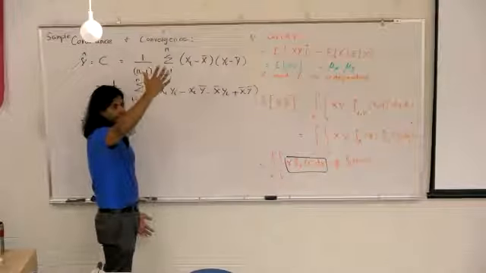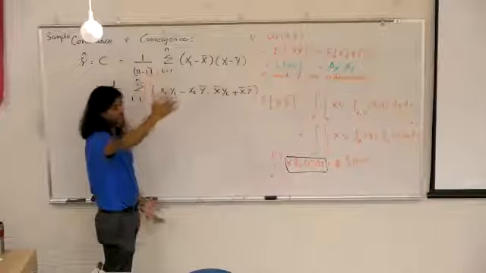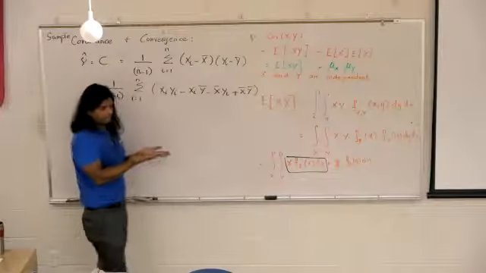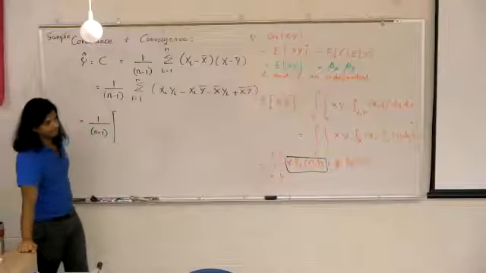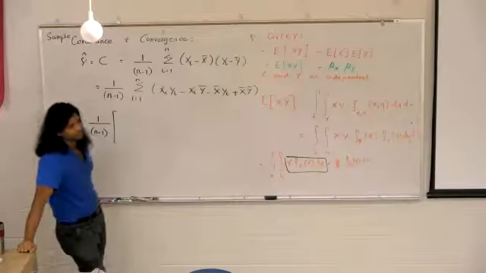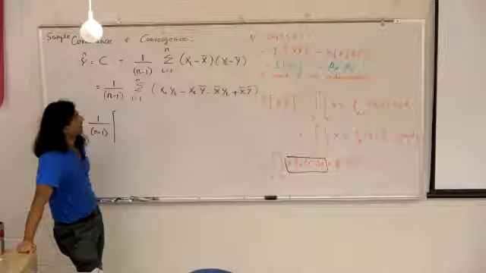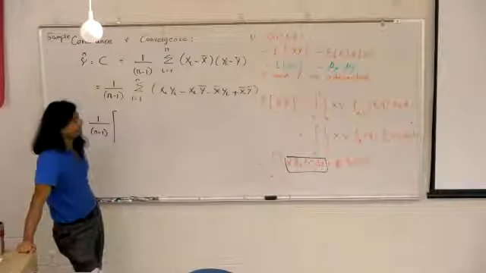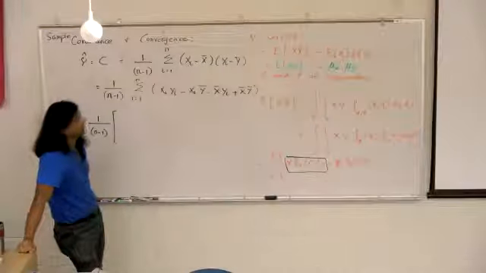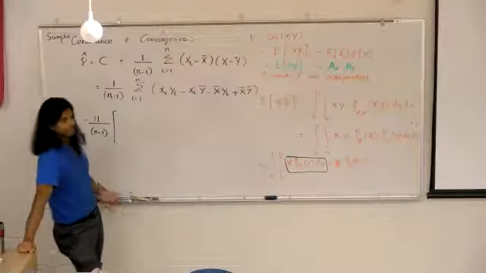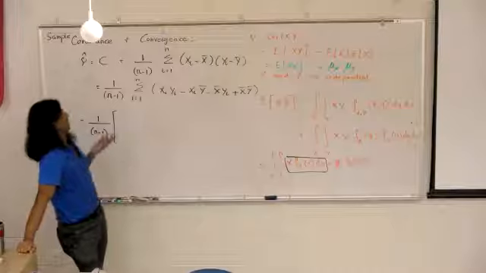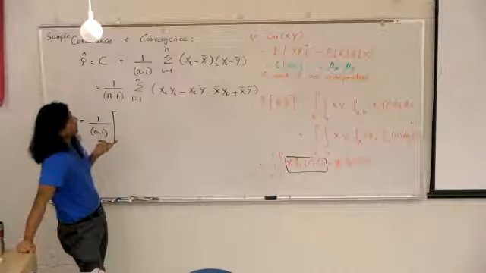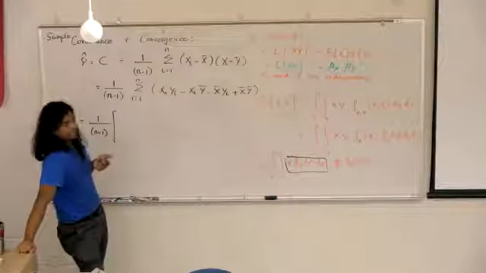A positive value would imply x and y are going the same direction. So covariance isn't really comparable to variance. Variance is a special case of this. When y is equal to x, then you get the variance of x. If you replace x with y, then you get the variance of y.